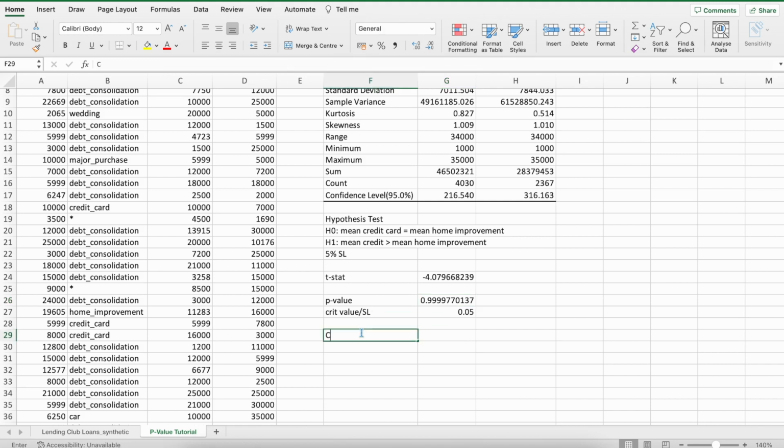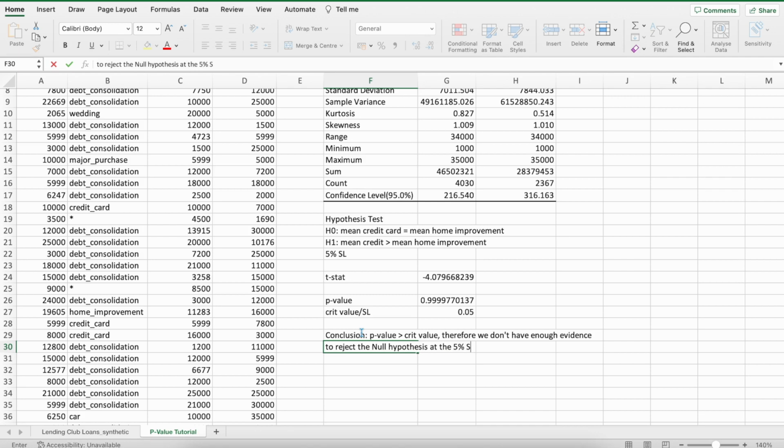So we can state our conclusion, which means p-value is more than the crit value. Therefore, we don't have enough evidence to reject the null hypothesis at the 5% significance level.